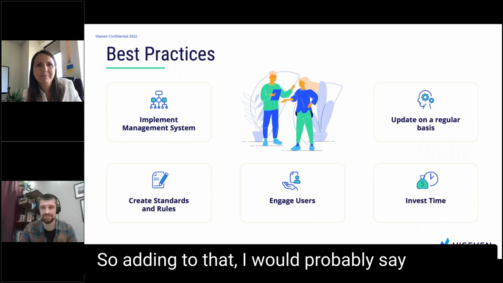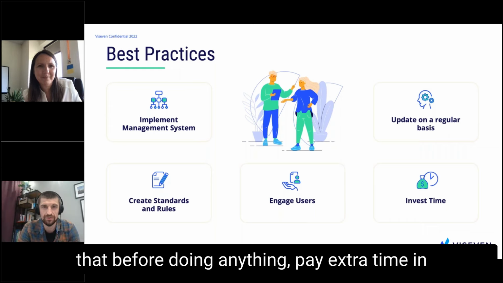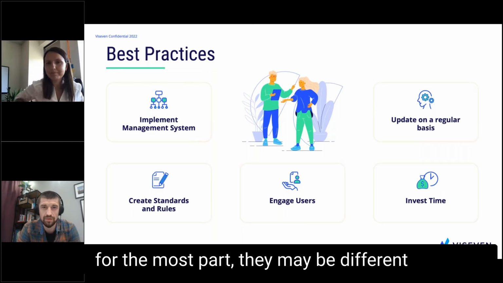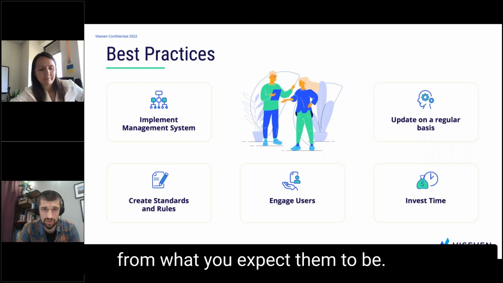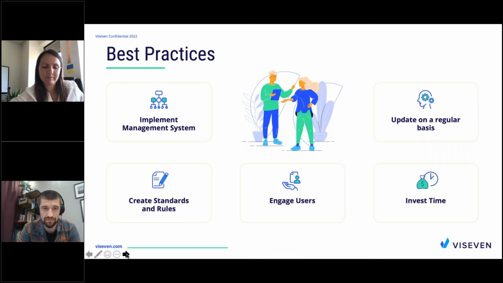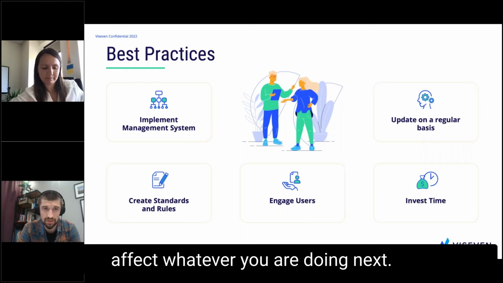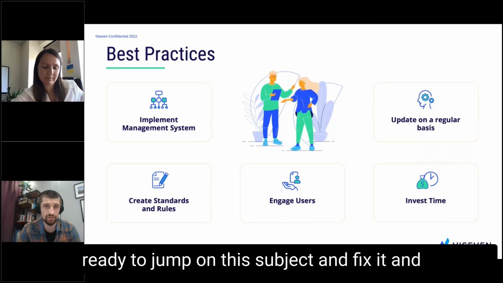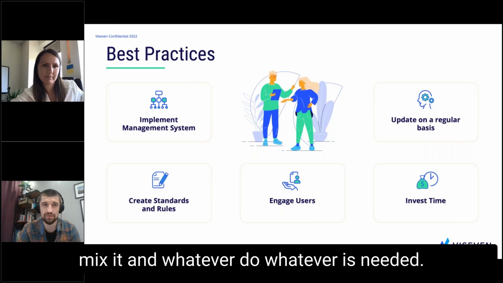Okay, so adding to that, I would say that before doing anything, spend extra time investigating, because the results of those investigations, for the most part, may be different from what you expect them to be, and based on that, it will affect whatever you're doing next. Unfortunately, there are customers who are ready to jump on this subject and fix it, do whatever is needed.